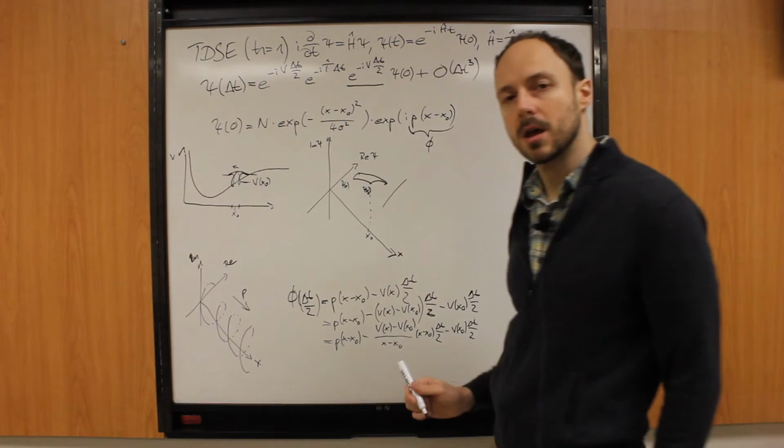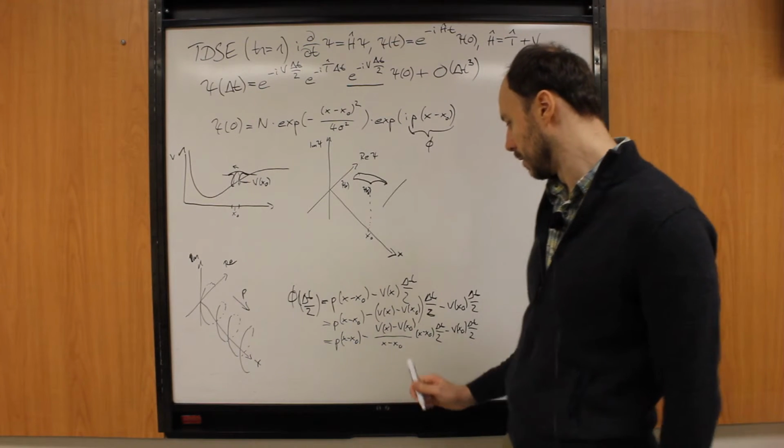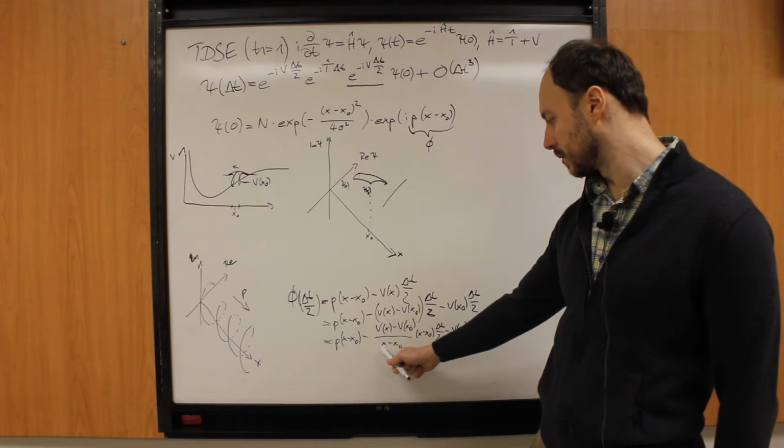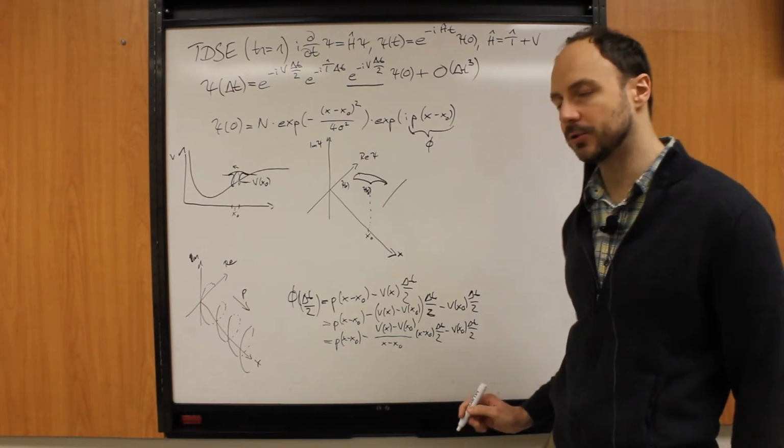And this means that we have changed the momentum by v of x minus v of x naught over x minus x naught times delta t over 2.